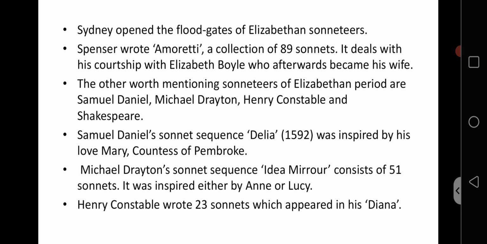Again, these sonnets were written by the writer addressing either Anne or Lucy. The next important writer who wrote sonnets was Henry Constable. He wrote 23 sonnets and they were published in his book Diana.